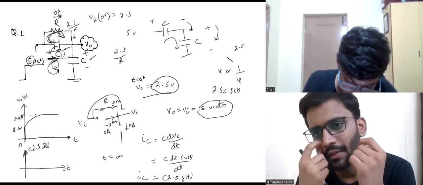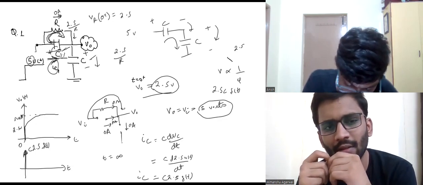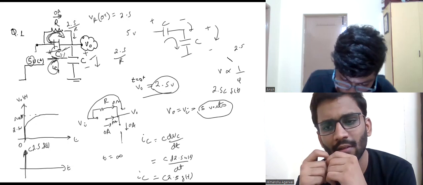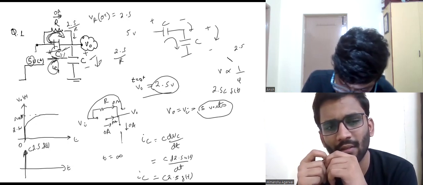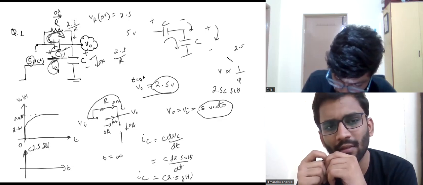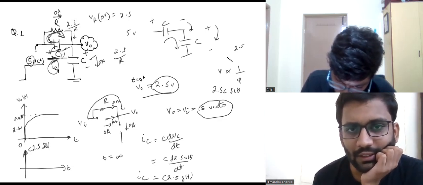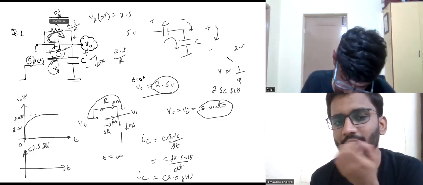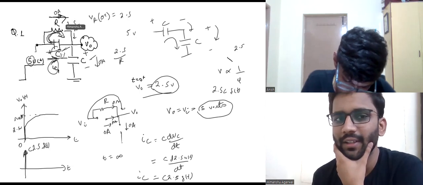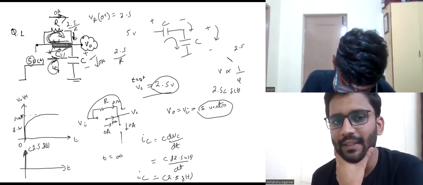Just think, at t equals to 0 plus, this is 2.5 by R. It can't be 0. If it is 0, it is a steady state only, right? You have 2.5 by R and you have two equal resistance paths.